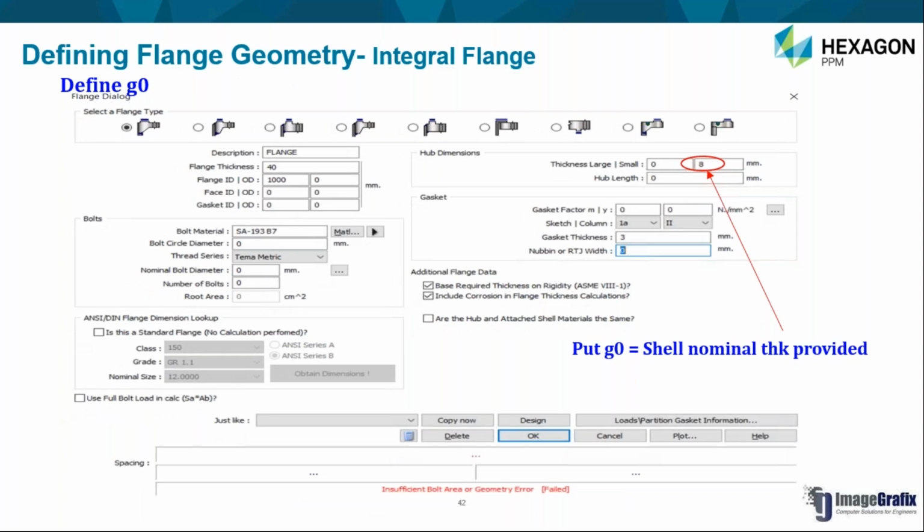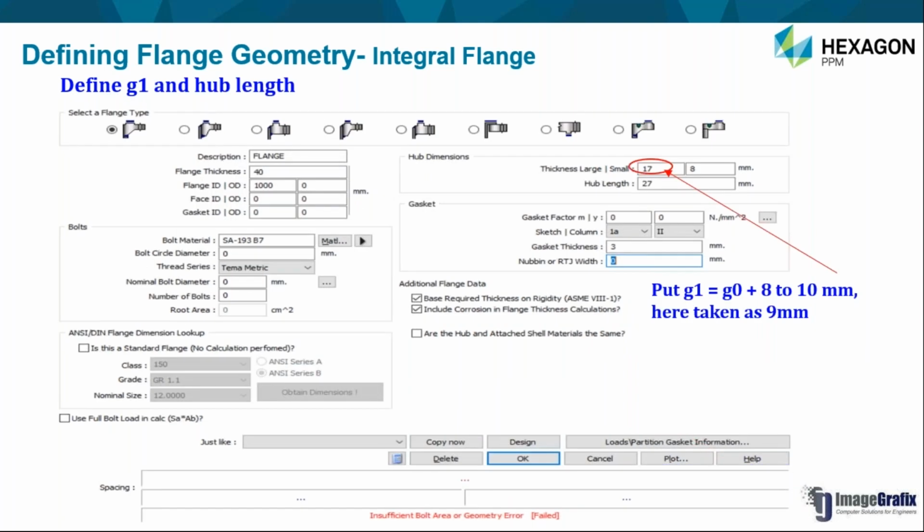Apart from the thickness, which we have to assume, now that we have finalized the ID and G0, the next parameter to address is G1, which is the large end hub thickness.